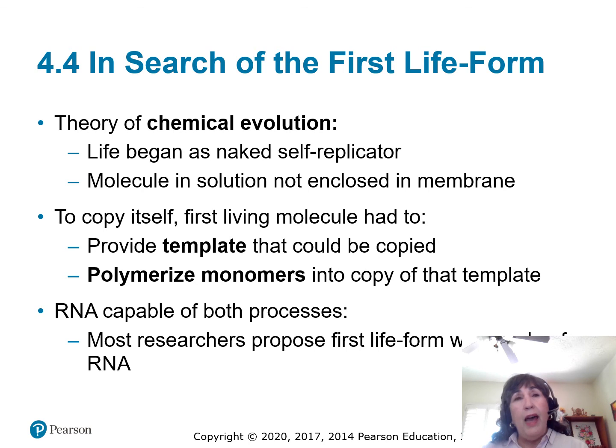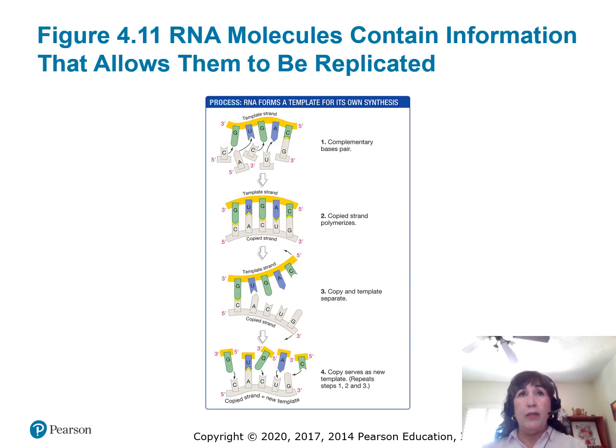So the tipping point for the first cell is to have a naked self-replicator, a molecule that can replicate itself and carry information, and this molecule is RNA itself. You need a template, and you need the ability to catalyze the reaction, and that's why many RNAs are called ribozymes. That's why many researchers believe that it was an RNA world first before it was a DNA world.